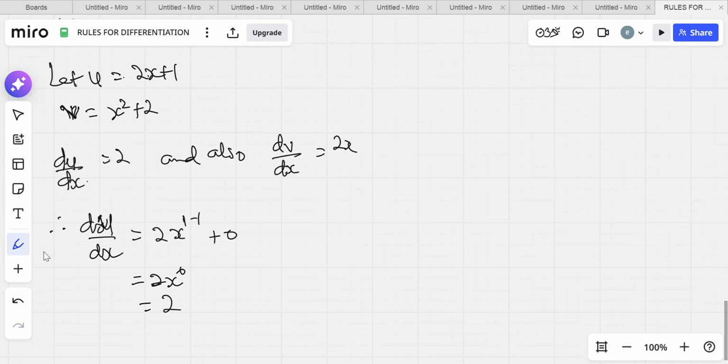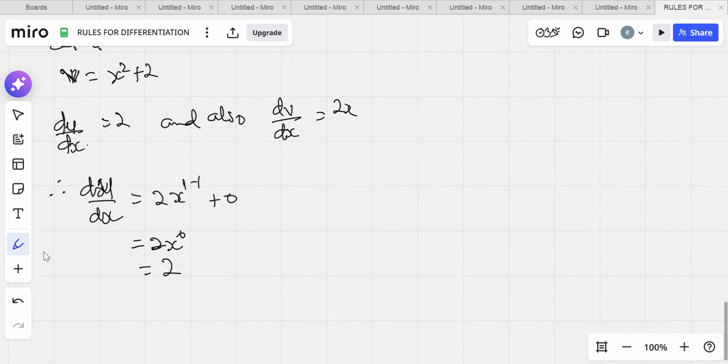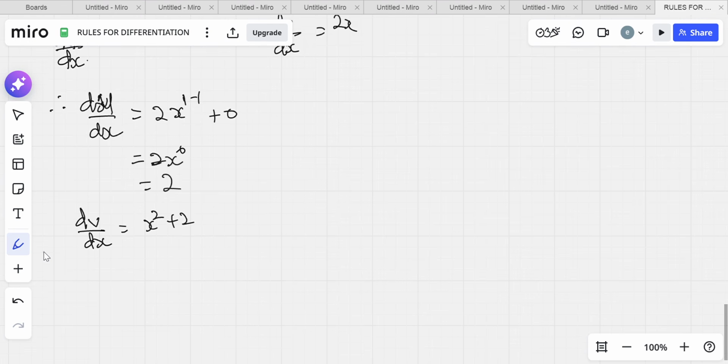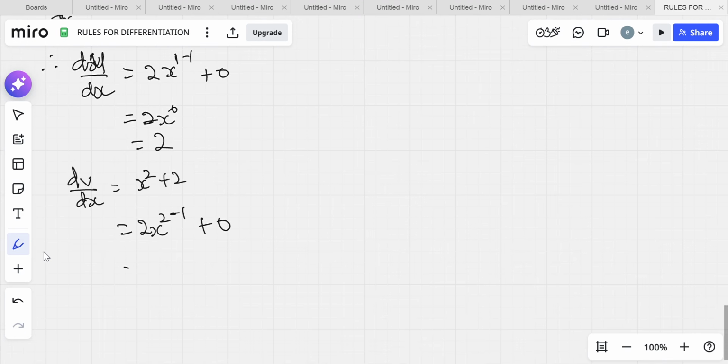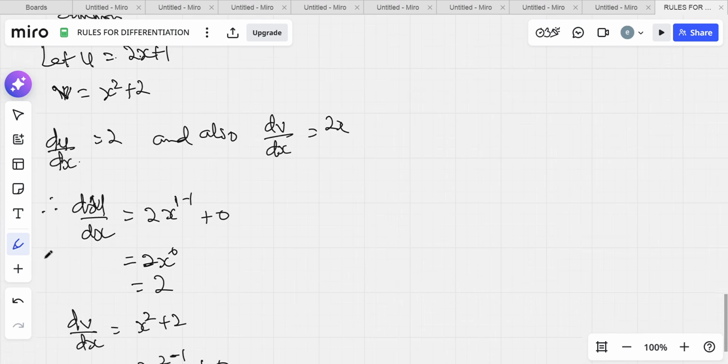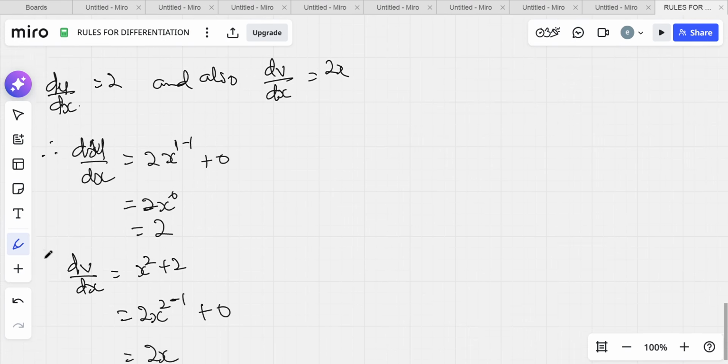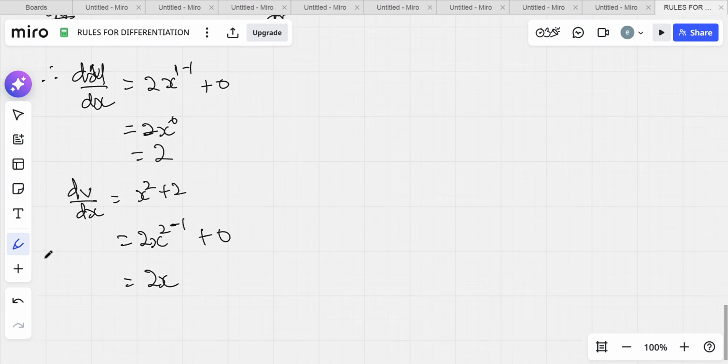Okay, so the same thing is applied to dv over dx. Having x squared plus 2 leaves us with 2x to the power 2 minus 1 plus 0, because the derivative of the constant is 0, giving us 2x. Now that we know how we differentiated u and v, we start applying the formula.